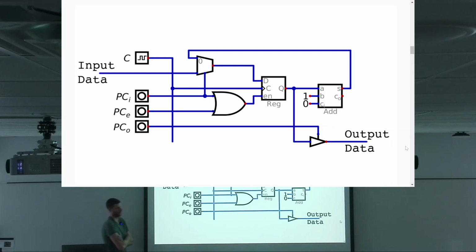So what's going on? Well, we've got an OR gate for the enable. We have two possible inputs to the register that's controlled with this program counter in. Let's focus first on program counter in. If program counter in is 0, this OR gate has a 0 here.